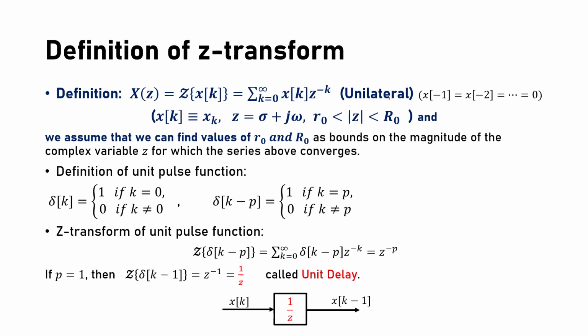For the bilateral formulation, k is taken from minus infinity to infinity. But if you just want to use the unilateral notation, then you put an additional assumption that h at negative indices are all 0, like this.